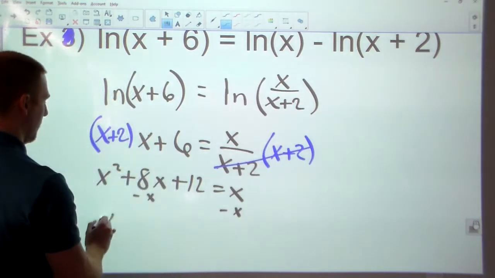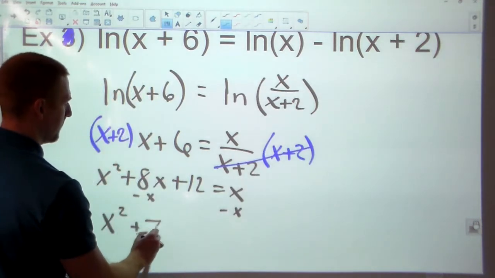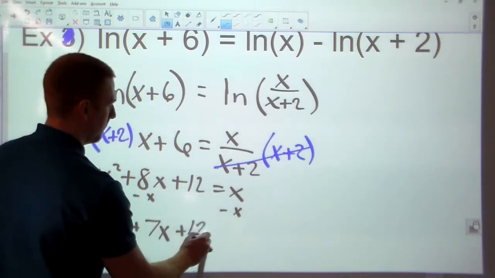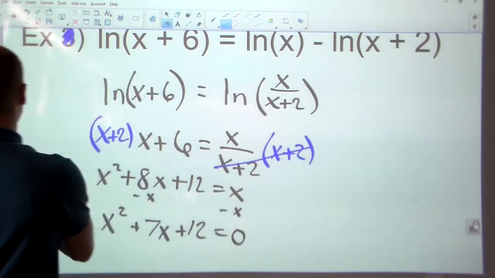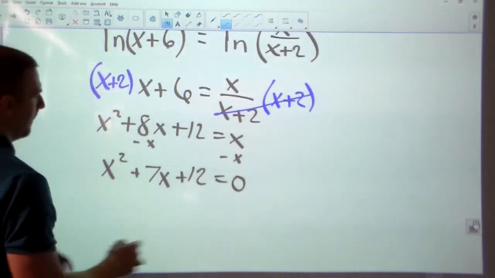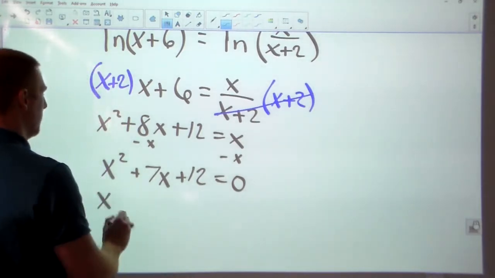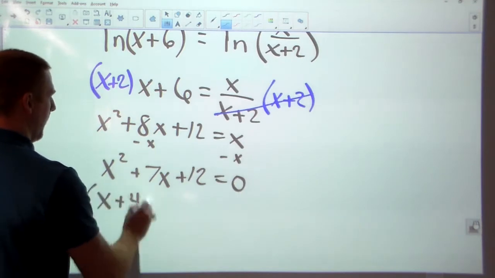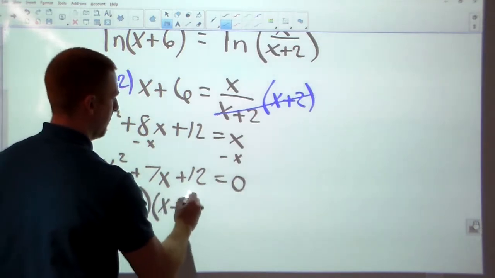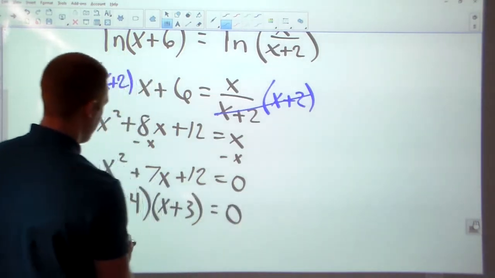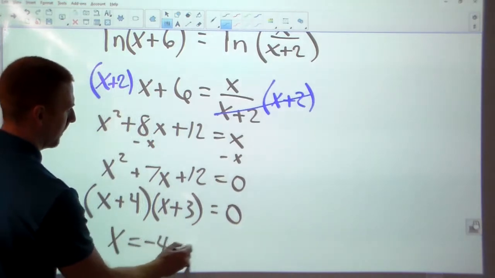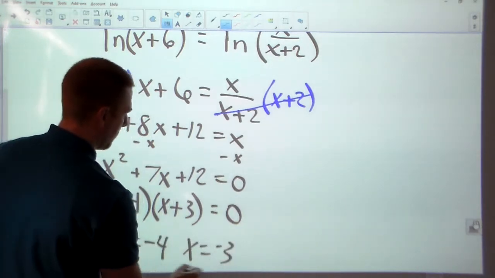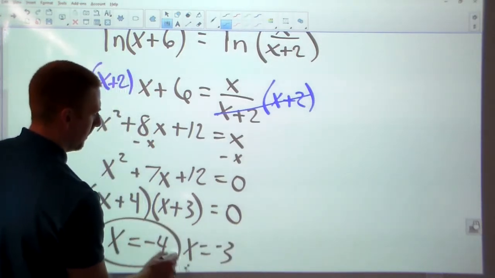So subtract this x out. So x squared plus 7x plus 12 would be 0. And if you need to do some other stuff to factor, that's fine. But two factors of 12 that add up to 7 are 4 and 3. So x plus 4 and x plus 3 would factor this down. And that tells me that x equals negative 4 and x equals negative 3 should be solutions.